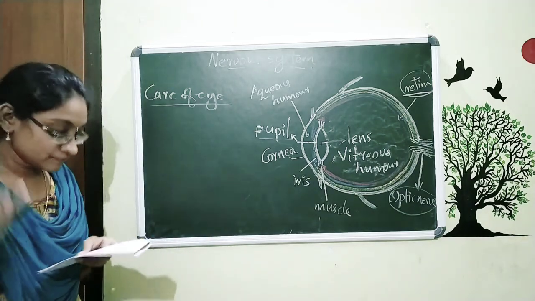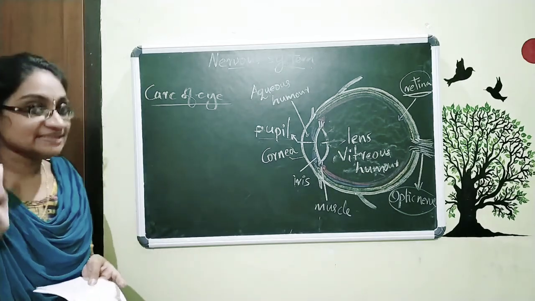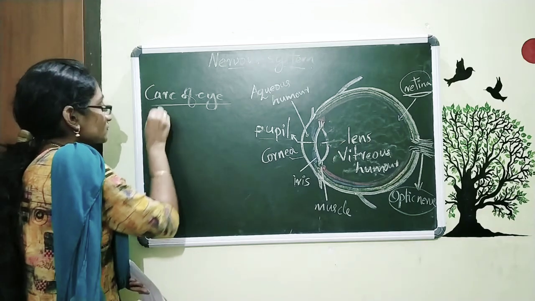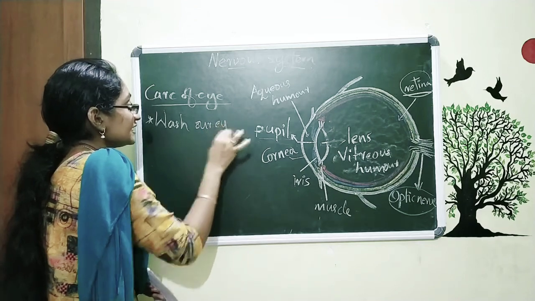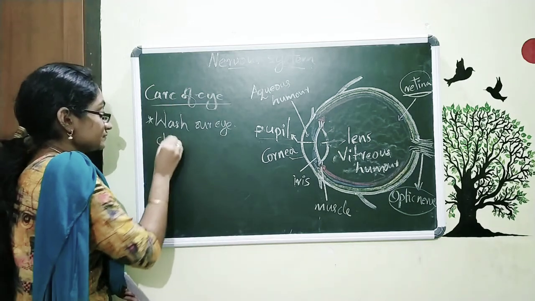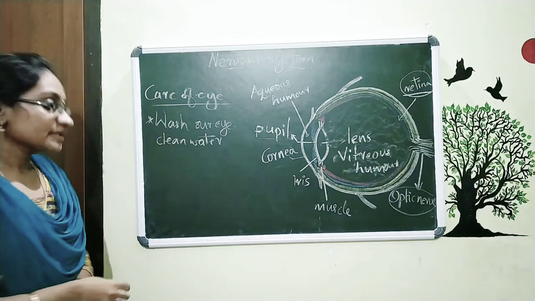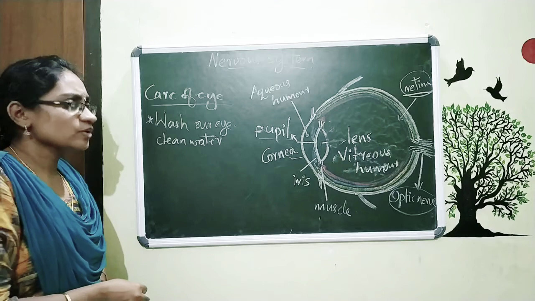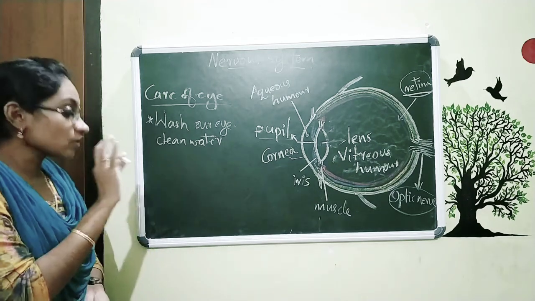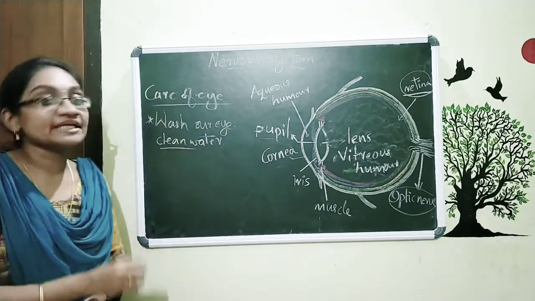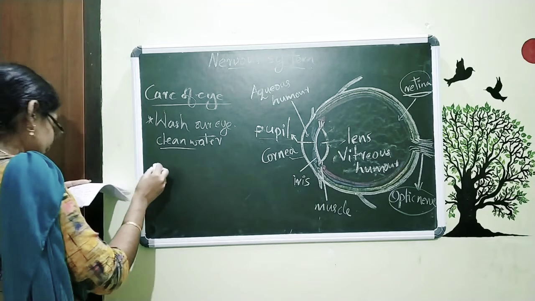The first point is we want to wash our eyes daily with clean water, not using too hot or cold water. We are using normal water and it is very clean also.